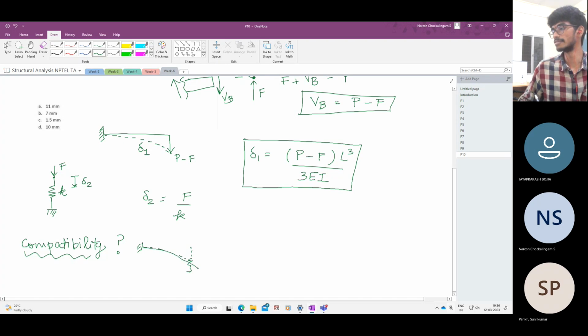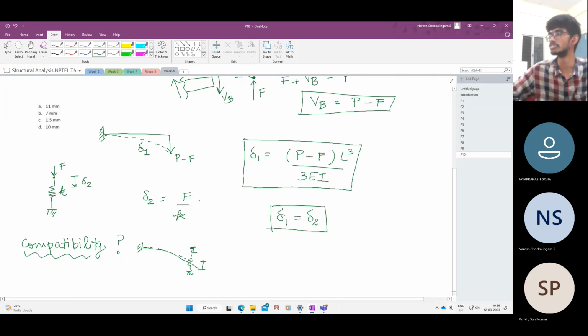This system doesn't deform in some manner like this. So delta 1 should be equal to delta 2. The displacement of the endpoint of the spring and the displacement of the endpoint of the beam should be equal. Otherwise, there will be a gap in the structure that is not allowed. So the compatibility condition is delta 1 is equal to delta 2.